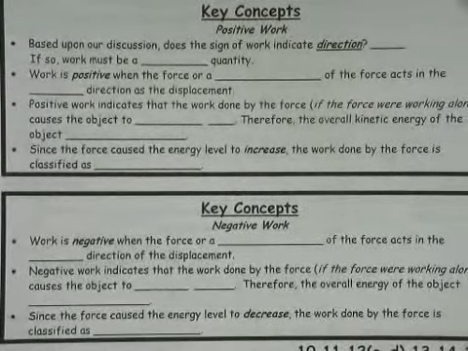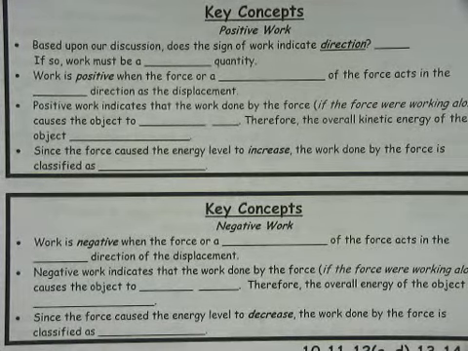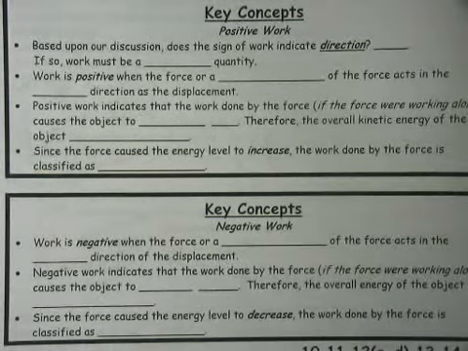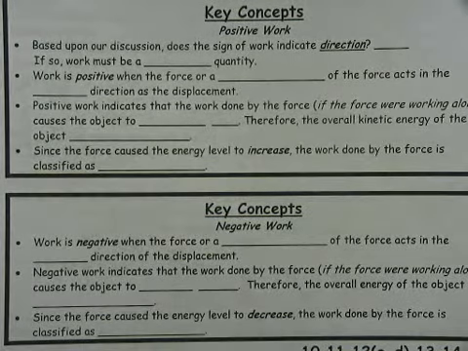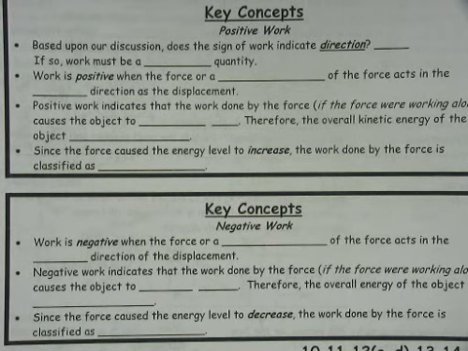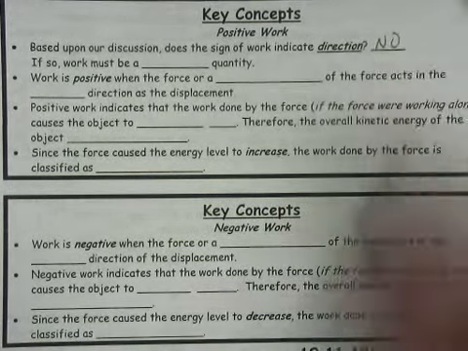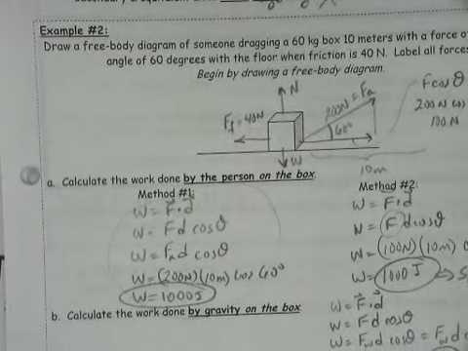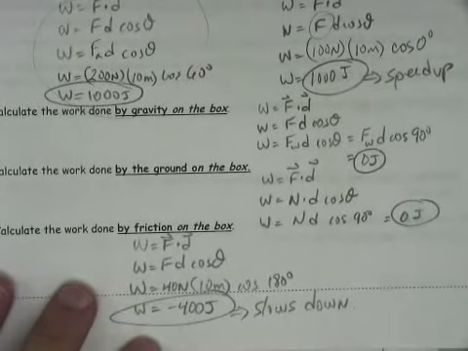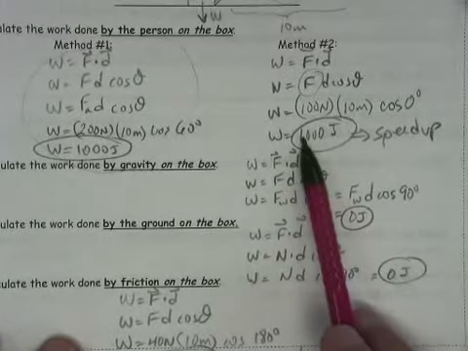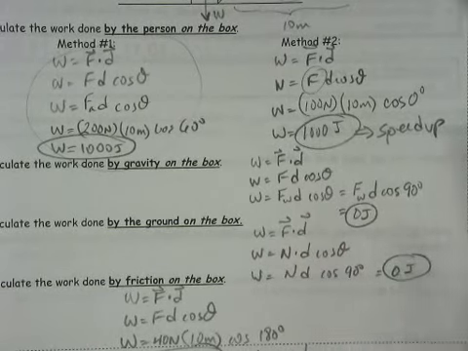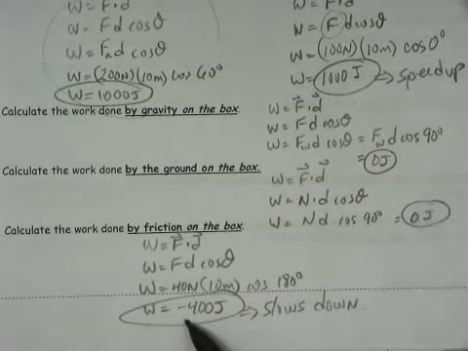What do we mean by positive work? And what do we mean by negative work? So let's go through these. Based upon our discussion, does the sign of work indicate direction? And the answer is no. Let me illustrate. Just because this guy is negative, down below here, and this guy's positive, the positive doesn't mean that the work is to the right. This doesn't mean the work is to the left.